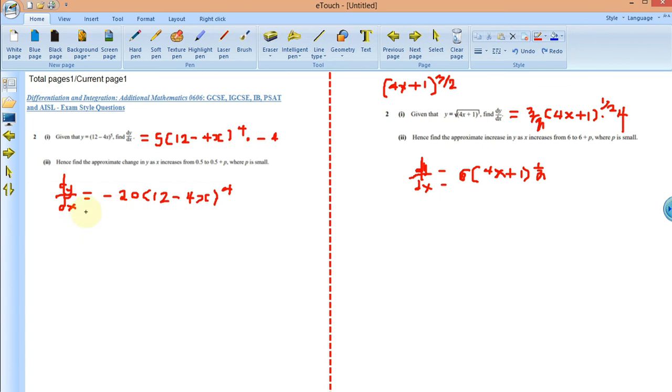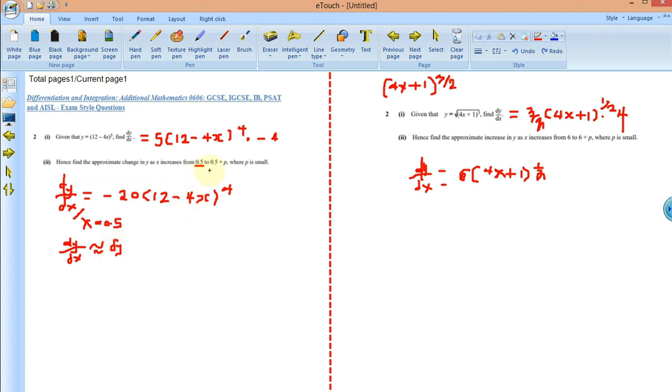Let me complete this very first one now. This says find the approximate change in y as x increases from 0.5. So when x equals 0.5, just like the very last question, the approximation of the differentiation of y with respect to x at that point will be approximately equal to the change in y, I use delta for that, divided by the change in x.